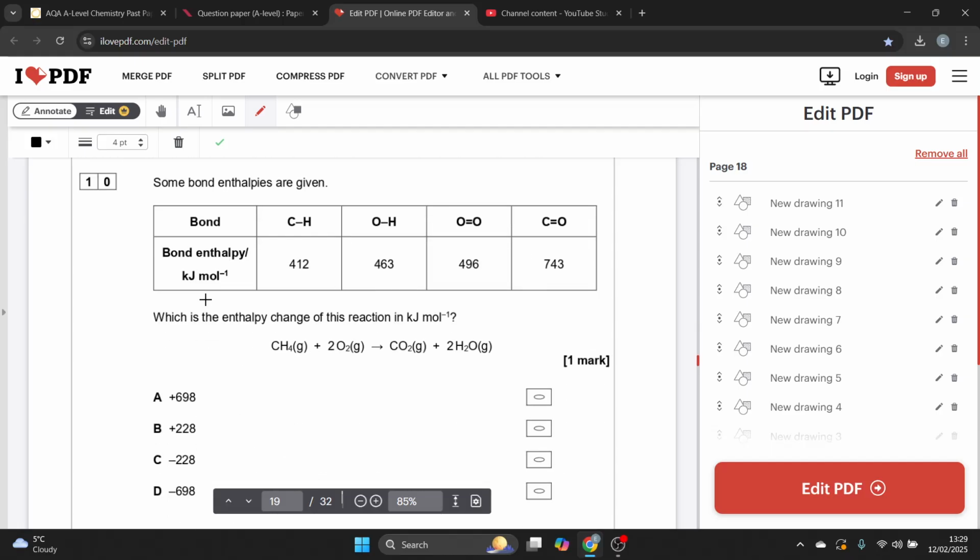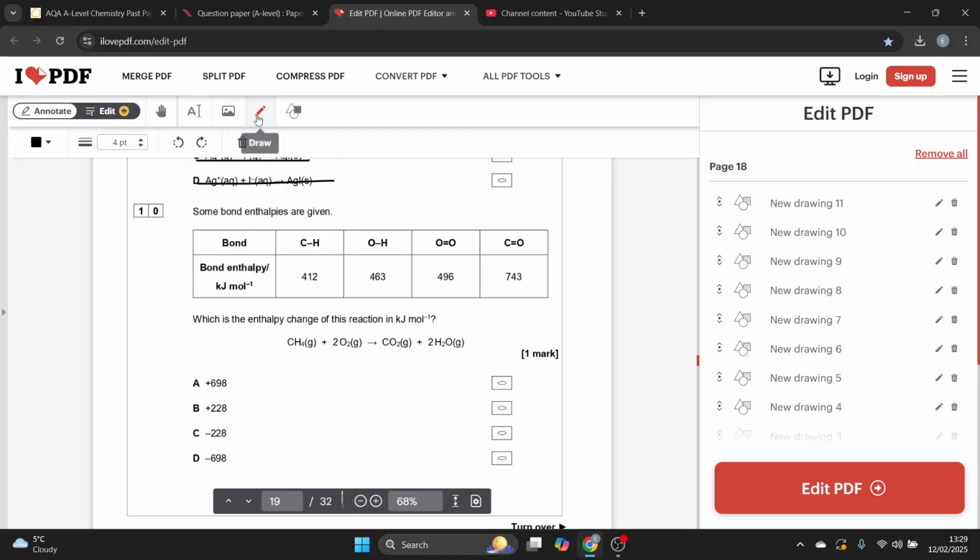Question 10, some bond enthalpies are given. What is the enthalpy change of this reaction? Bond enthalpy is given in kilojoules per mole. So it's energy required to break bonds minus energy released when new bonds are formed.